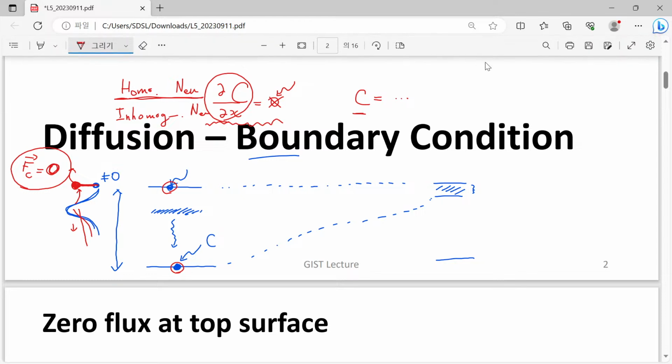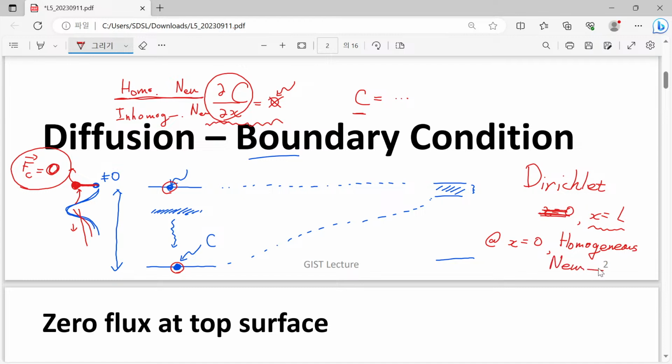So are you all with me? Simply speaking, in the previous lecture, we applied the Dirichlet boundary condition for both ends, I mean x equal to 0 and x equal to N. But today, instead of that, we will apply the Dirichlet boundary condition only at x equal to N, and for x equal to 0, we will apply the homogeneous Neumann boundary condition.